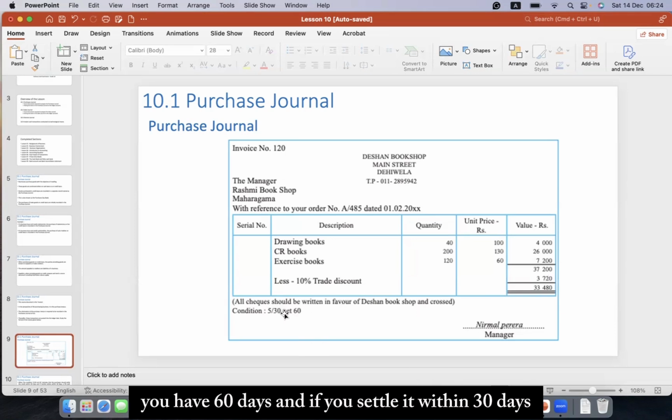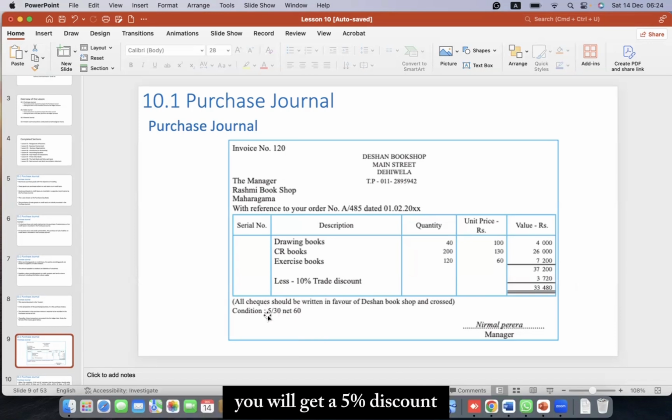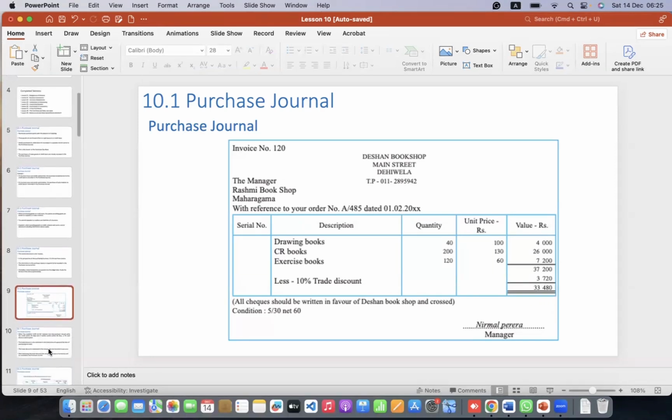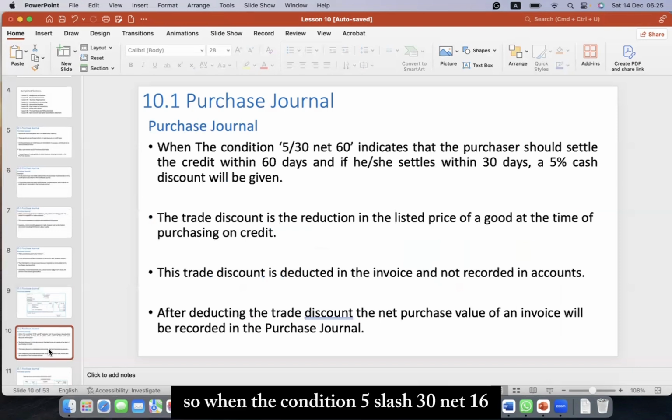And if you settle it within 30 days, you will get a 5% discount on top of this. So the condition 5/30 net 60 indicates that the purchaser should settle the credit within 60 days, and if she settles within 30 days, a 5% cash discount will be given.